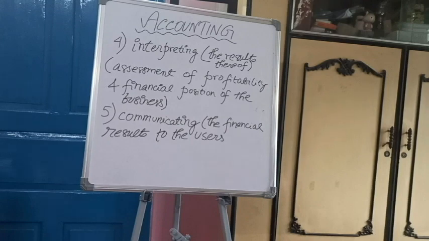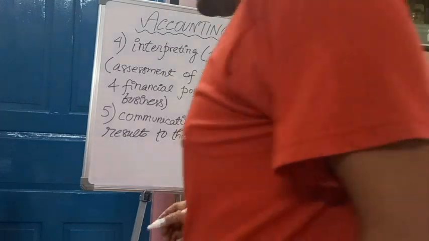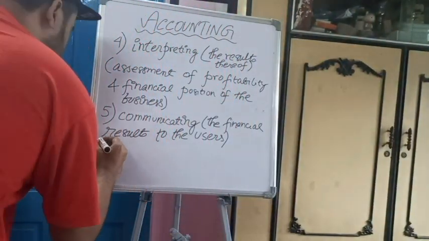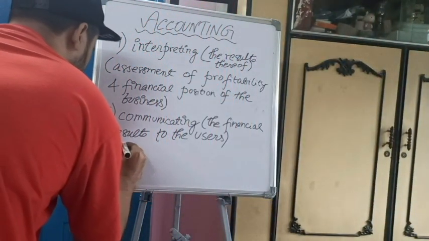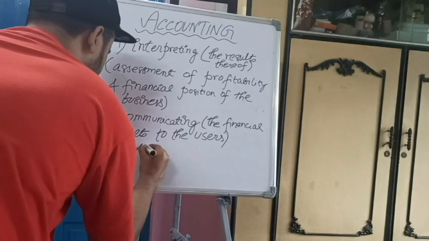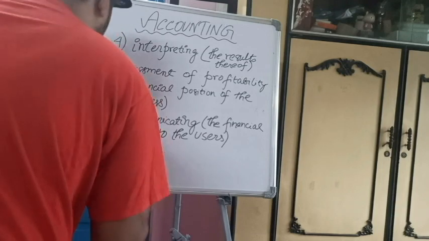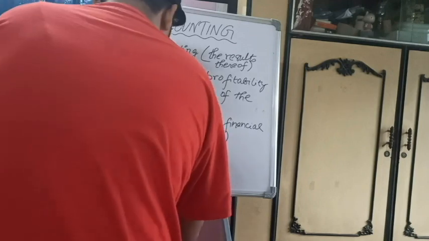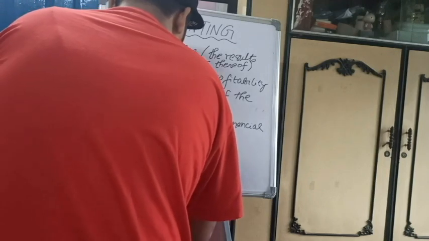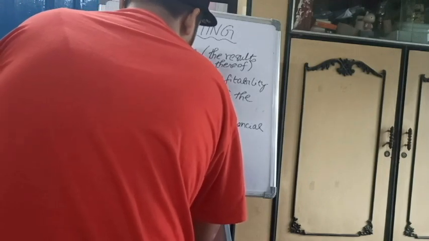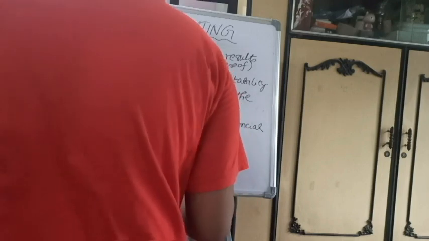Now the question is, who are the users? The users are the lenders, that means those who lend money to the company or the firm. The creditors, who sell their products at credit. Then shareholders of the company.